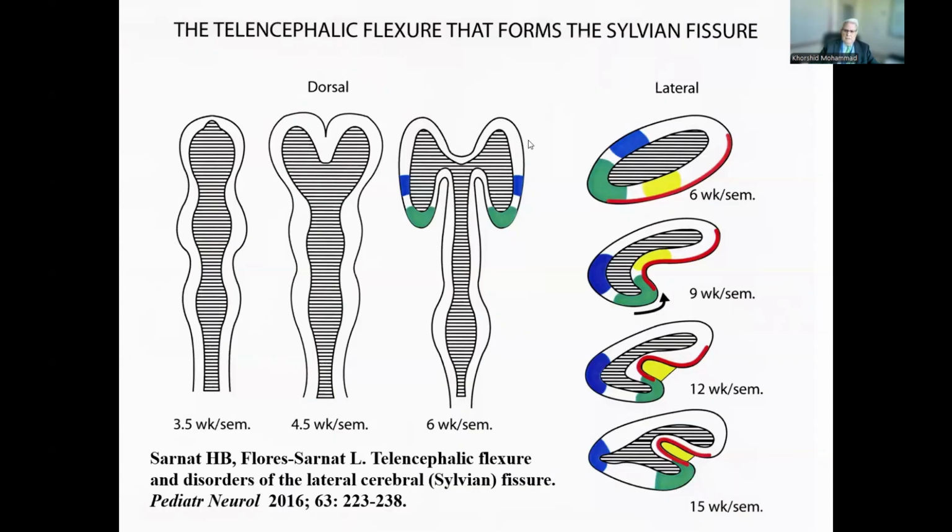If you look at a lateral view of the primitive telencephalic hemisphere, you can see that the posterior pole of the primitive telencephalon will become, with the ventral bending that forms the telencephalic flexure, the temporal pole of the hemisphere, not the occipital pole.